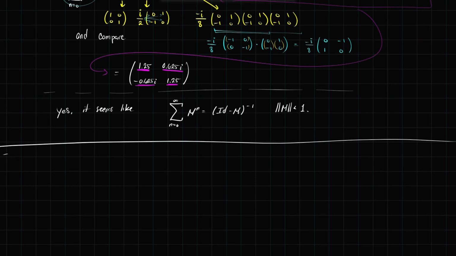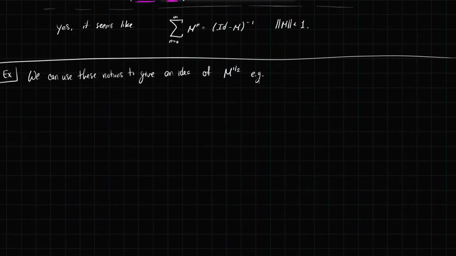The final thing I just want to mention as an example is that we can use these notions to give an idea of M to the 1/2, for example. But you'll recall that derivatives, something like d/dx, is a linear map.